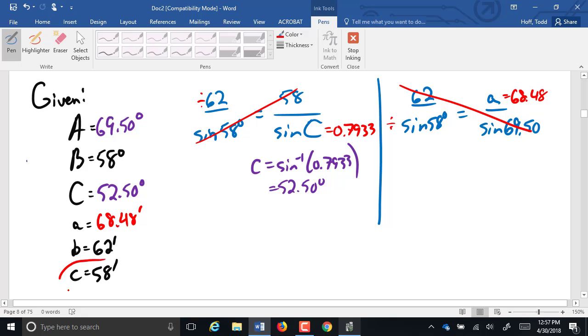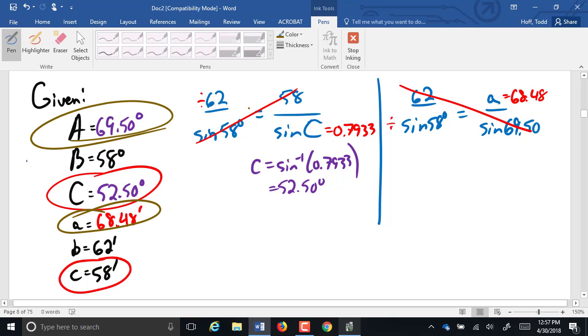Does it make sense? Well, our smallest side is opposite our smallest angle. Largest side is opposite our largest angle. So we're good.